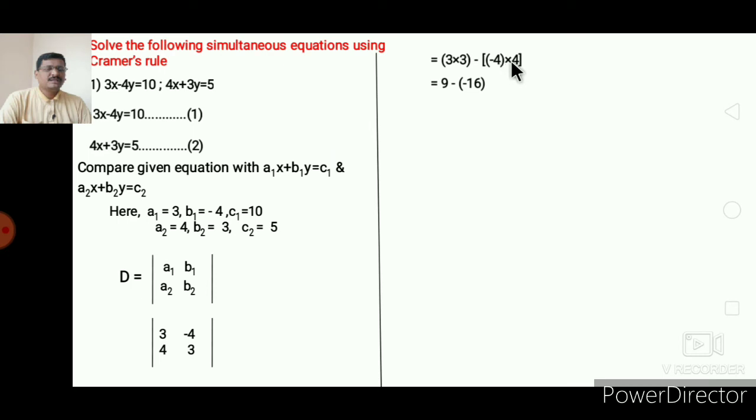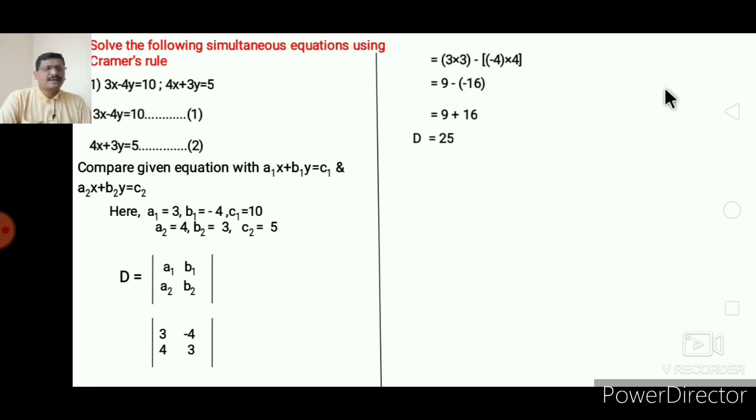Therefore, in multiplication, if two numbers have different signs, then the product of these two numbers is always a negative number. Therefore, here minus 16. If outside the bracket there is a minus sign, the sign will be changed inside the bracket of each term. Therefore, 9 plus 16. Therefore, the value of D is equal to 25.